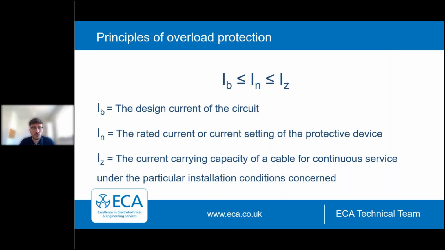So essentially that would mean that the protective device is going to protect the cable and, after a certain time period, disconnect to prevent thermal damage occurring to the cable. So we're rating our cable for the maximum possible current that could flow in the circuit.